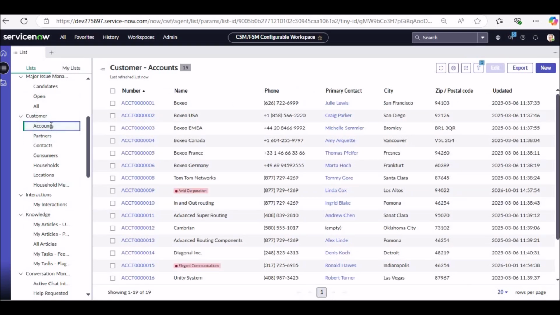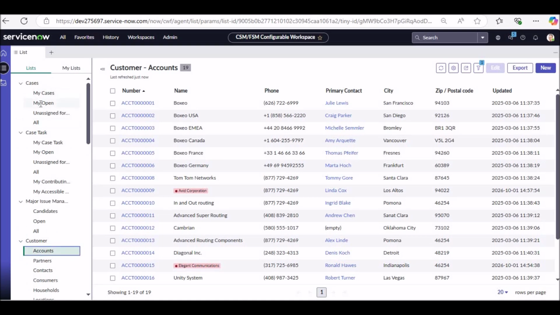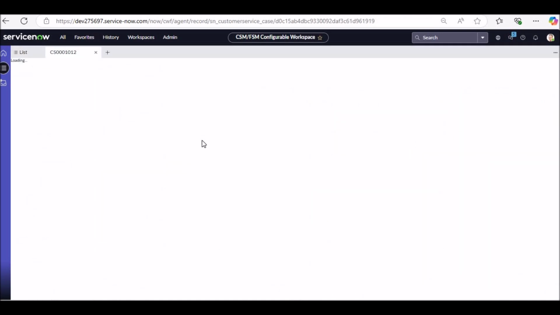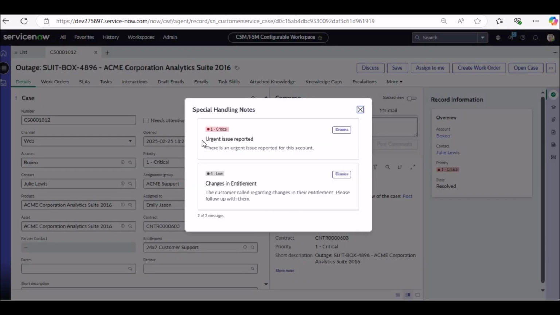Now let's quickly also have a look at one of the cases, and we can see what information is actually captured in a case. Let me find one Boxio related case. The case is loaded, and on the case load we can see the special handling notes.